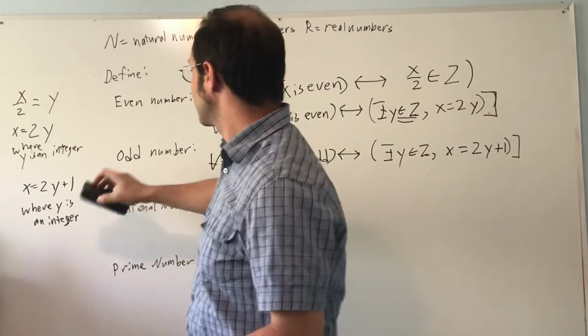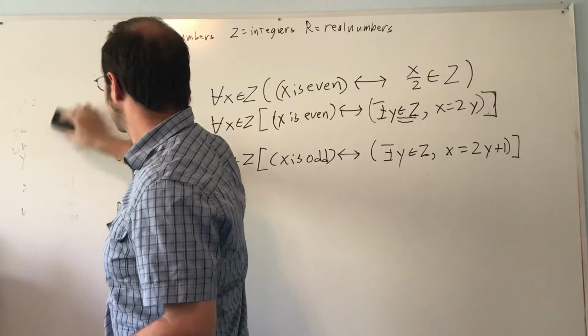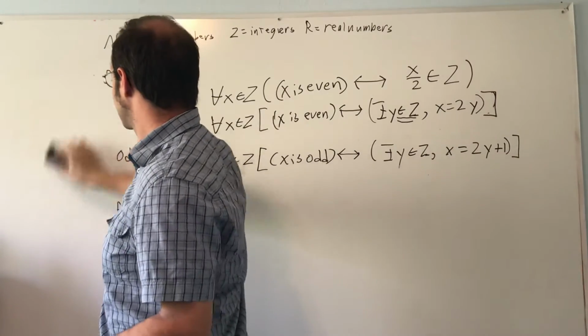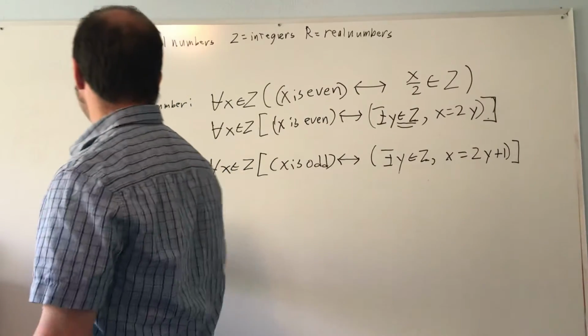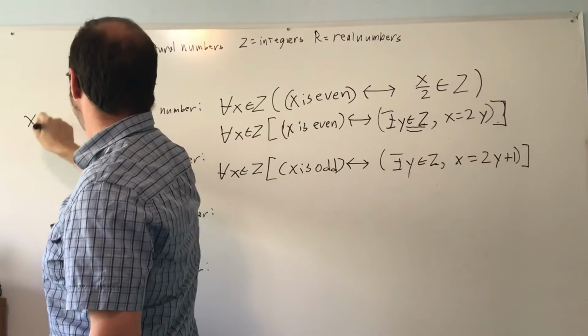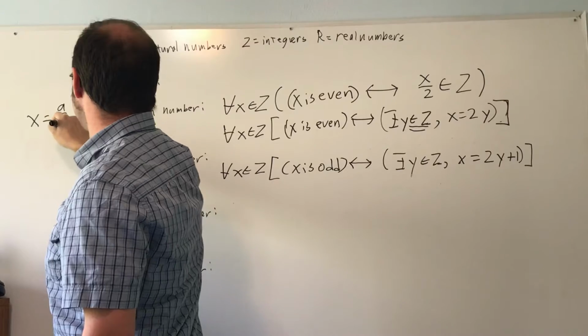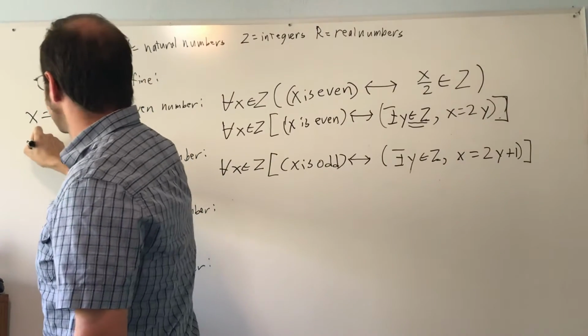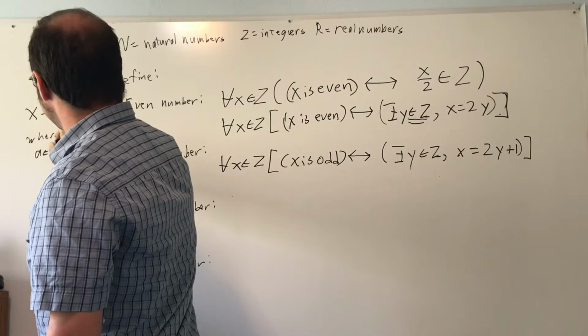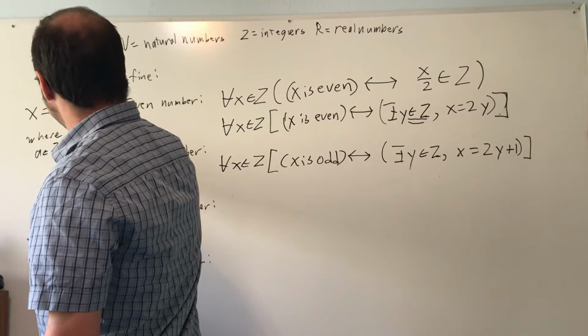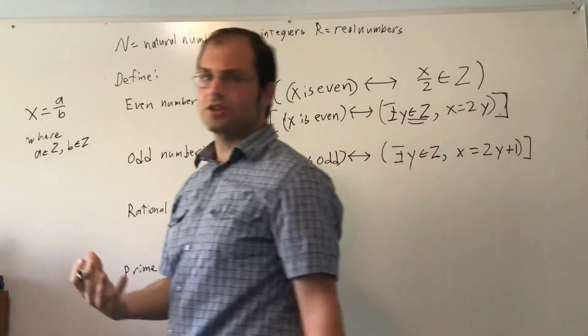It's any number that can be expressed as a over b, a divided by b, when a and b are both integers. Yep, very good. So x is rational. We would want to have that x equals a over b, where a is an integer and b is also an integer.